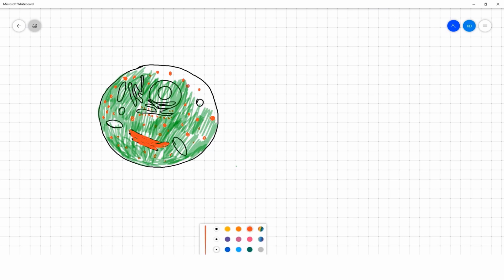Or you can use a copier marker. It will give you a better result for blending. Color blending looks very good. So you can use a copier marker or a sketch pen for practice. You can see this drawing, how you can draw the basic cell structure.